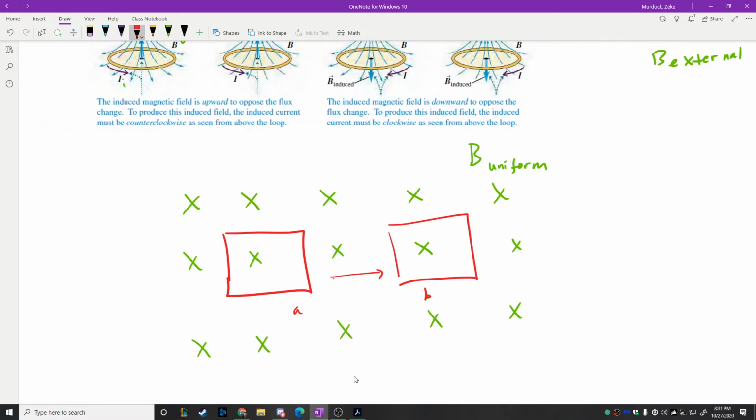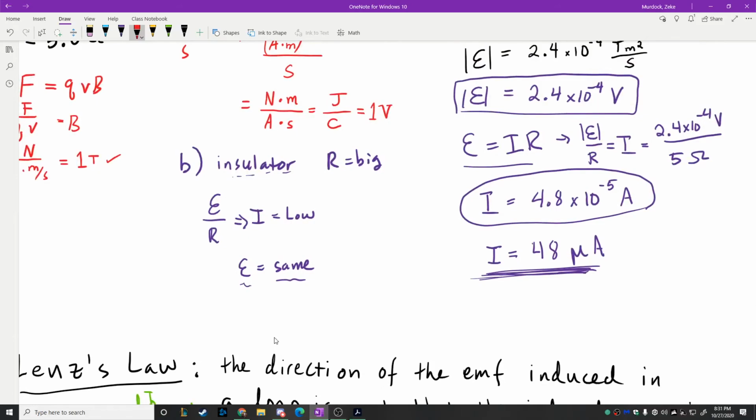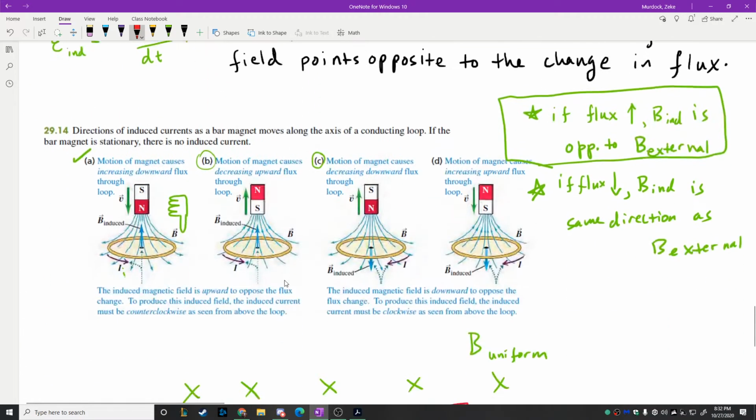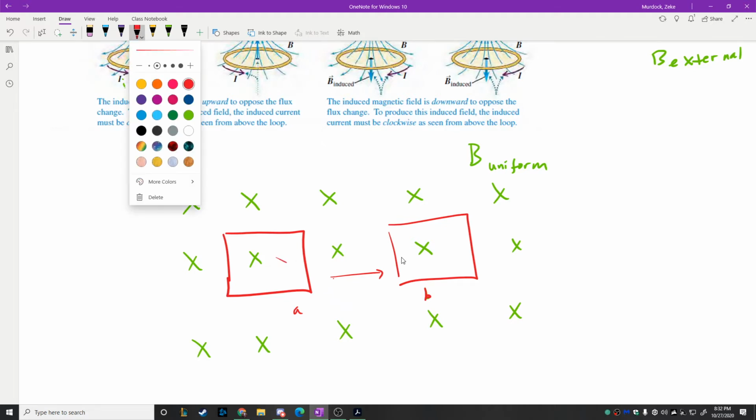What does that mean about the induced EMF? If the flux doesn't change, and Faraday's law says you need to have a change in flux, what does that mean about the induced EMF? It's 0, right? So in this case, the current would be equal to 0.